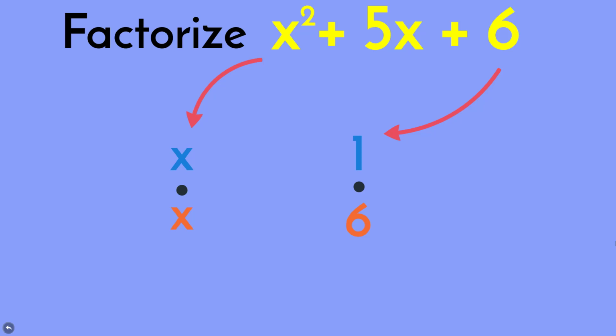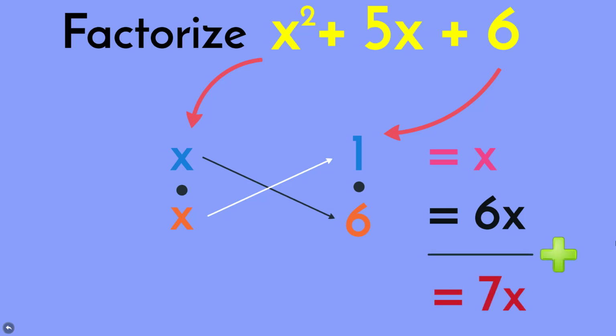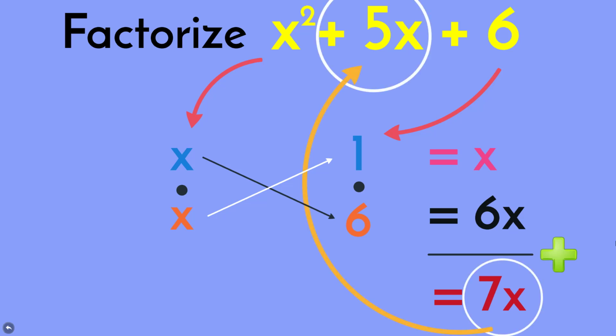Third, cross multiply them. x times 1 is equal to x. x times 6 is equal to 6x. Next, we add the results. We have a problem here, since the result from the addition is not the same as the middle term here. Then this one is the wrong answer, meaning that we might want to break them apart with different factors.